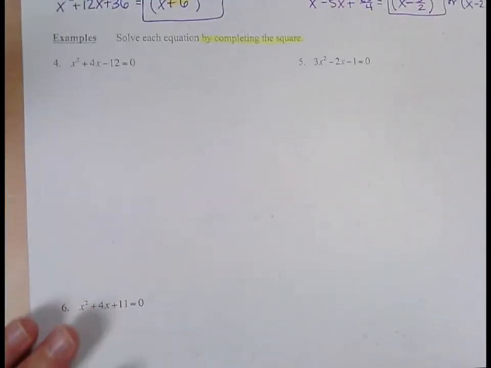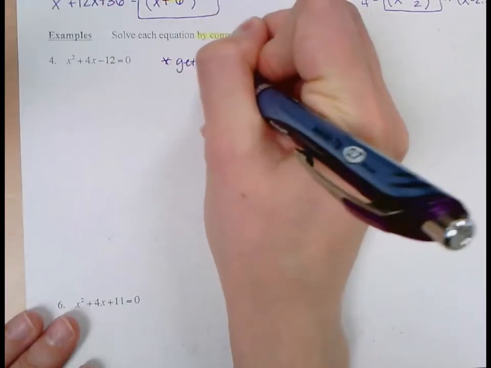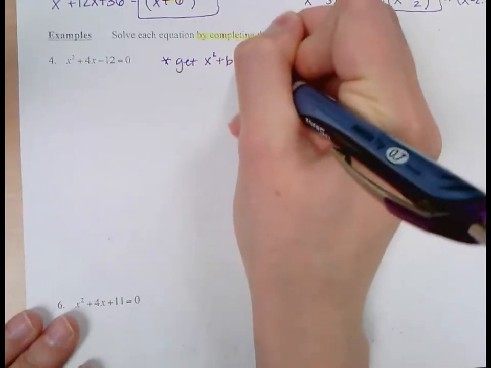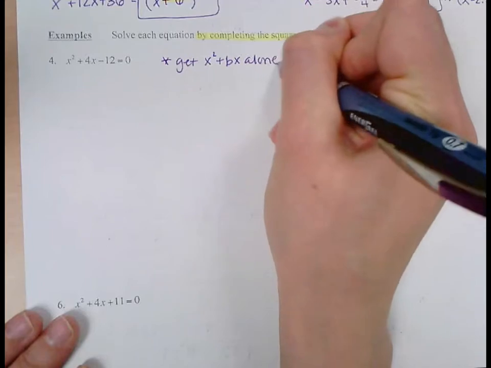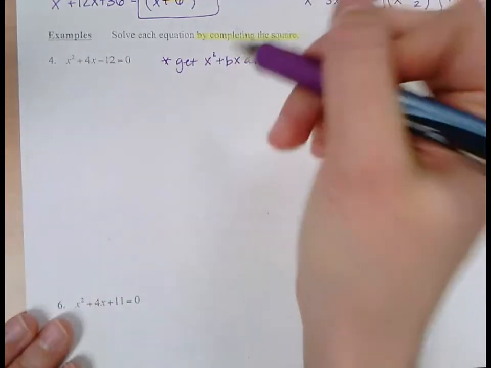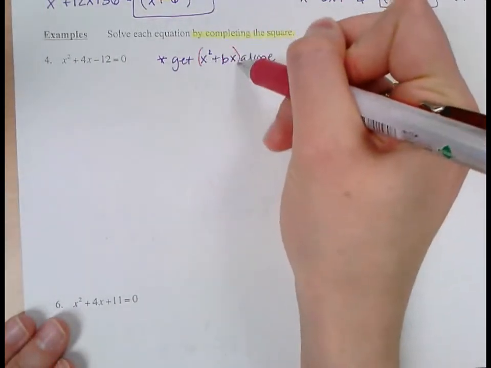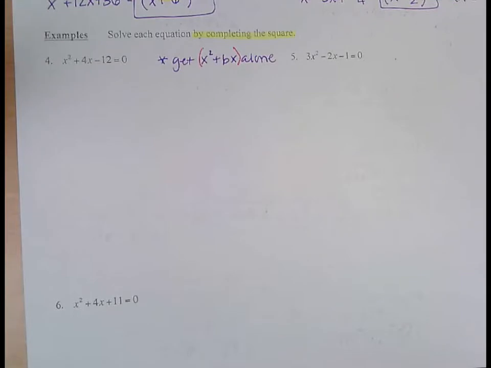So here are the steps you need to take. Your first step is to get the x squared plus bx alone. That means if your problem gives you a c value, you move it to the other side.